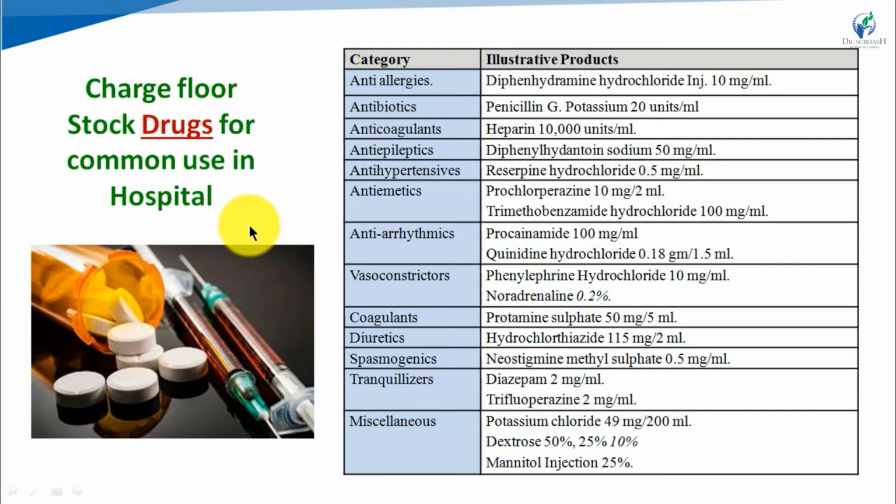Accordingly, the general list we can say is like this: anti-allergic, antibiotic (in antibiotic, penicillin), anticoagulant (that means heparin), anti-epileptic, anti-hypertensive product, anti-emetic, anti-arrhythmics, vasoconstrictor, coagulant, diuretic, spasmogenics, tranquilizer, and some miscellaneous products, that means potassium chloride, dextrose, mannitol injection, like that. Such kinds of products should be available in a nursing station. So this is the general list of drugs that should be maintained in a nursing station, and this might vary from hospital to hospital.